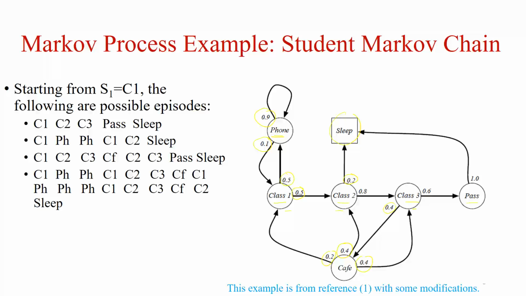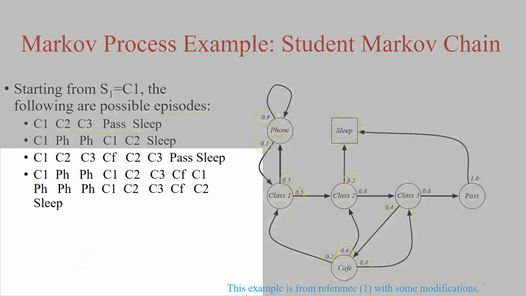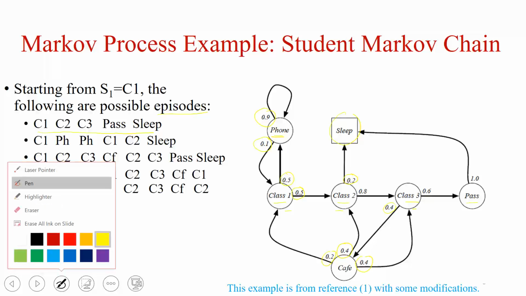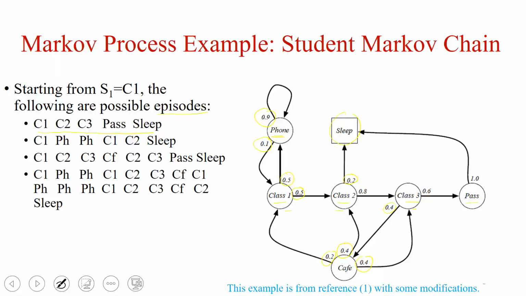So here are the possible episodes, or sequences of states: C1, C2, C3, pass, sleep. If I may change the color here, this represents the series of states.